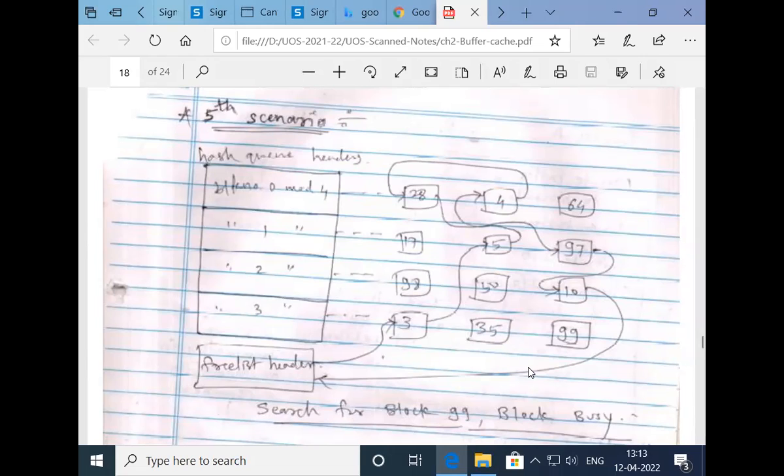Yes, students. Yes, anybody? Can you respond to me whether the diagram is over?